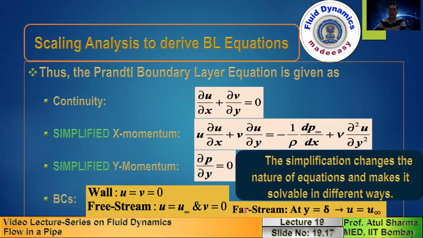But I just want to mention that when the free stream and far stream boundary conditions are the same, u equals u infinity, v equals 0, then you can define a similarity variable, and with this simplified form of the equation, you can obtain a semi-analytical solution using the similarity technique. You can obtain an expression for the boundary layer thickness and the non-dimensional wall shear stress. I will not be showing the derivation, but I will later show you the final expression that is obtained from the similarity solution for flow over a flat plate.